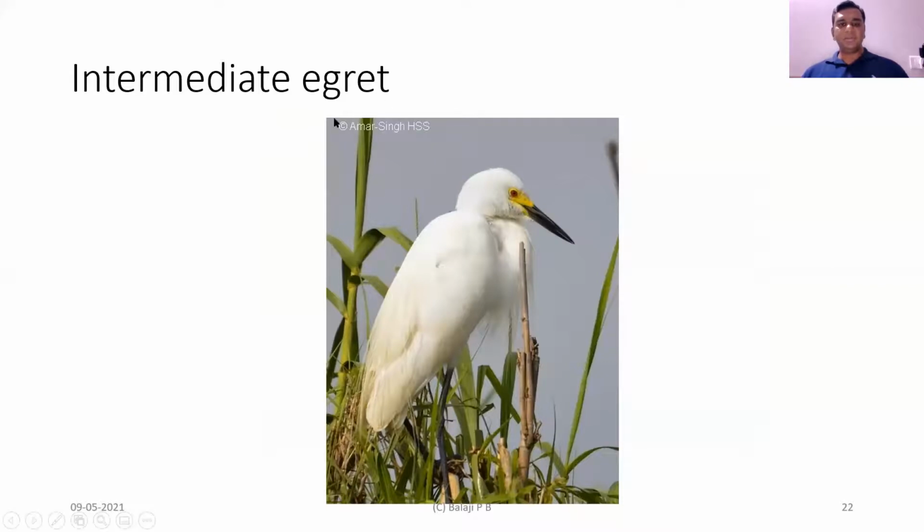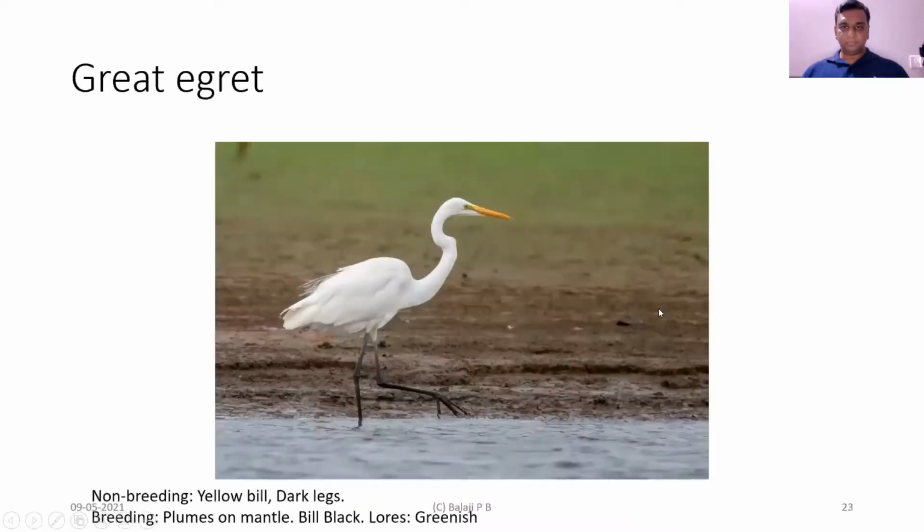And this picture is not mine. It was taken from the Oriental Bird Images website, and from one Mr. Amar Singh. So this is how an intermediate egret looks in the breeding plumage.